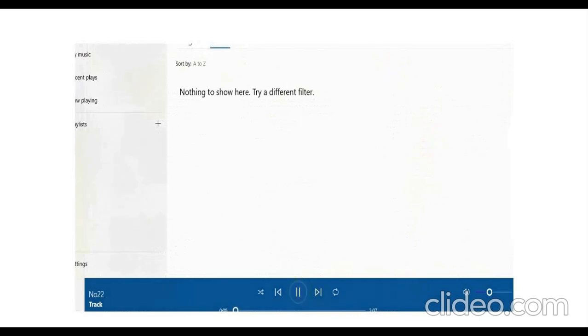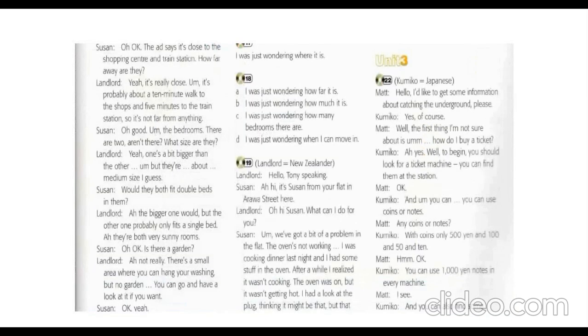Recording 22. Hello. I'd like to get some information about catching the underground, please. Yes, of course. Well, the first thing I'm not sure about is, how do I buy a ticket? Ah, yes. Well, to begin, you should look for a ticket machine. You can find them at the station. Okay. And you can use coins or notes.